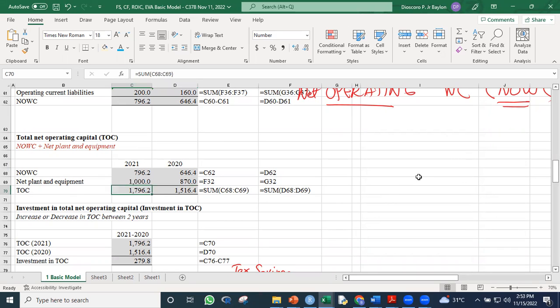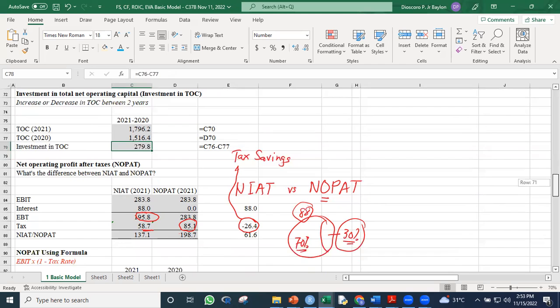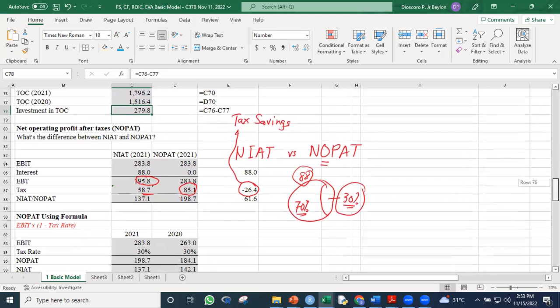At the end of the year, it became 1796, which means there was also an increase in total operating capital. The total investment in TOC was 279.8, which is the difference between the ending and the beginning for 2021. Management provided operations with an additional 280, around 280 operating capital.